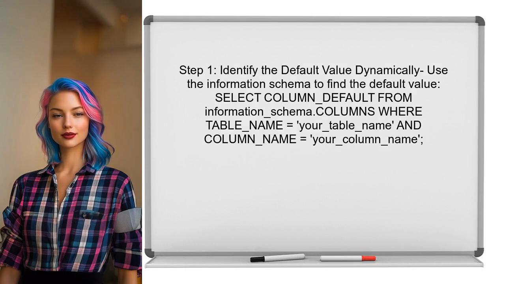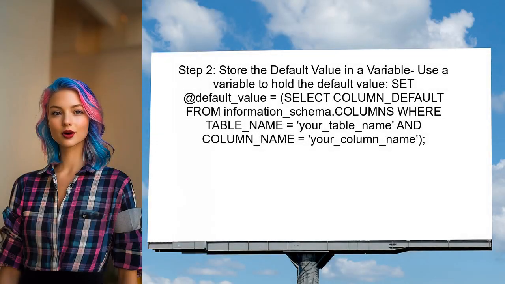To address the user's concern about fetching records where the column value is not null and not equal to a default value, we can use a more flexible approach. First, we need to identify the default value dynamically from the table's schema. Next, the user can store the retrieved default value in a variable. This allows for a more dynamic query that adapts to any future changes in the default value.